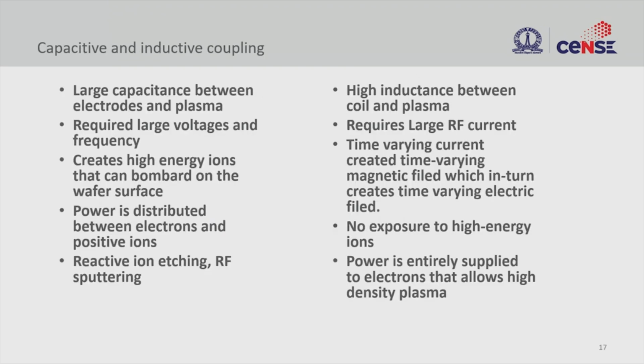And this is broadly the difference between the capacitively coupled system and the inductively coupled system. There is a large capacitance that you create between the electrode and the plasma, but inductive coupling happens between the coil and the plasma. So capacitive coupling requires very large voltage, but in inductive coupling, you need large current. So there is a voltage source and there is a current source. So you can create high energy ions that can bombard onto the surface.